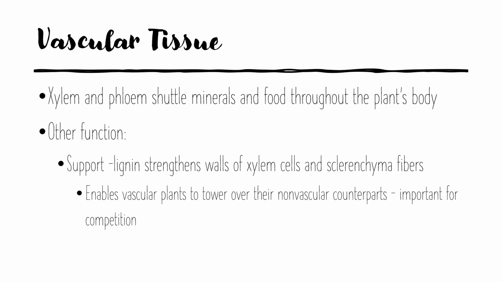But vascular tissue also has another function, which is support. Lignin strengthens the walls of xylem cells and sclerenchyma fibers. This physical support enables vascular plants to tower over their non-vascular counterparts, which is an important adaptation in the intense competition for sunlight.